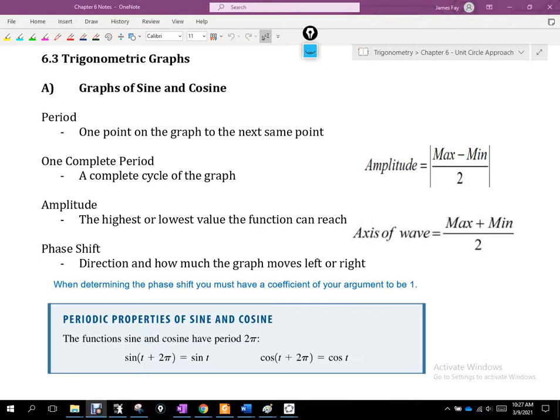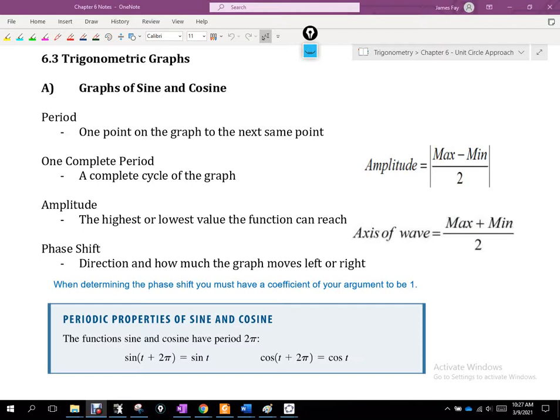Okay, any trigonometric function is referred to as a periodic function. Periodic just simply means that it repeats itself over and over again. If it repeats itself, there is a defined distance for that repetition, and we call that defined distance the period.